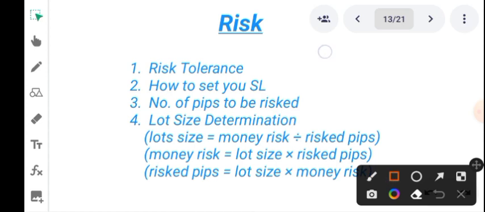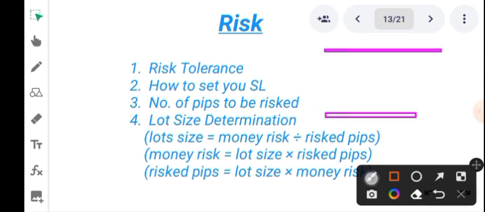Assuming you have this level as your resistance and this level as your support, if price breaks above it and then comes back, it's coming back to use it as a support. It's going to retest it, and now you see rejection to the upside, which is going to be your buy signal. So you are going to buy, expecting price to go all the way up.